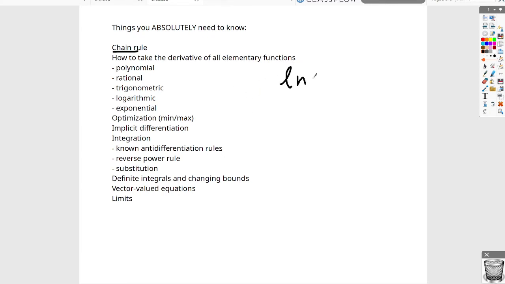So let's say natural log of x squared over x, right? So that's one problem. E to the x arc sine x. That's another problem. And we'll do one more.